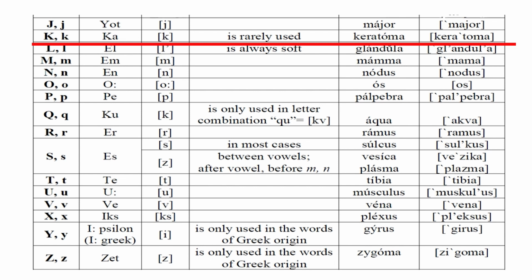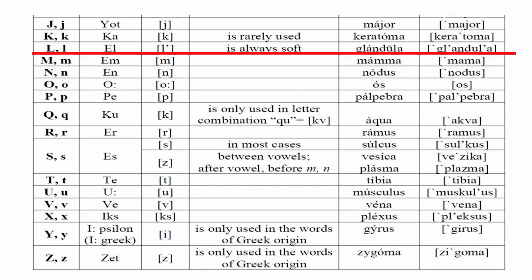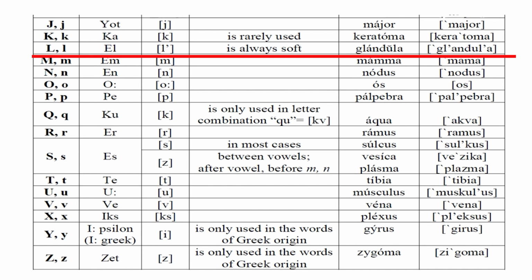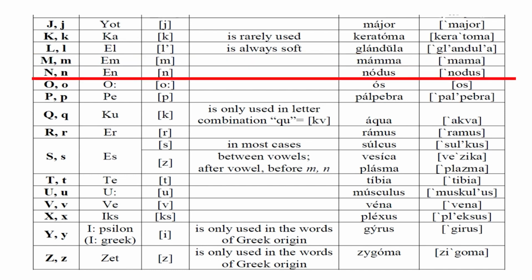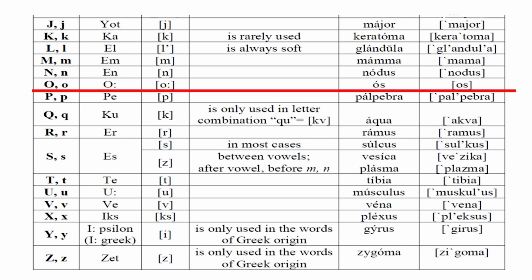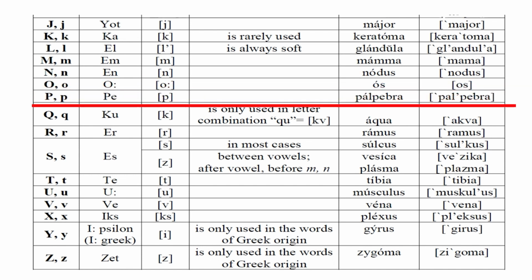This is not very much used in Latin, but just remember it's Ka. L is more or less similar, but is always soft. M is similar as in English. M, N, O are similar. P is however slightly different. It is pronounced as pe, as in palpebra.